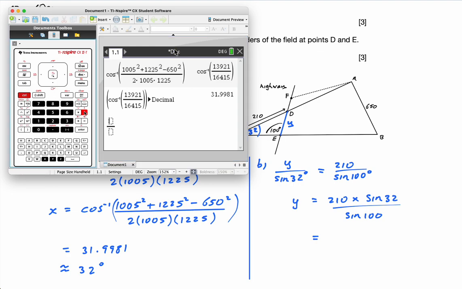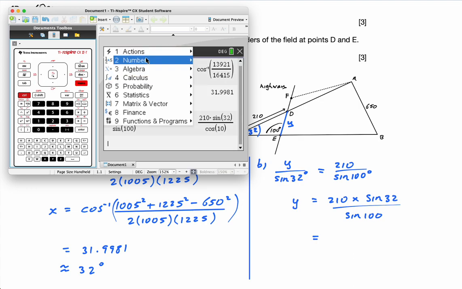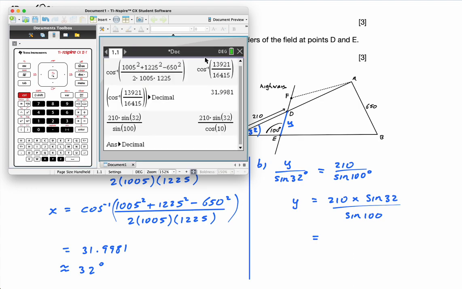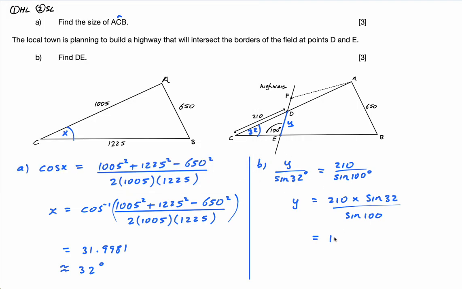So I have 210 times sine 32 over sine 100. Press enter. Same problem. Press menu, number, convert to decimal, and I get exactly 113. So y is equal to 113. Therefore, DE equals 113. Okay, that's parts A and B.